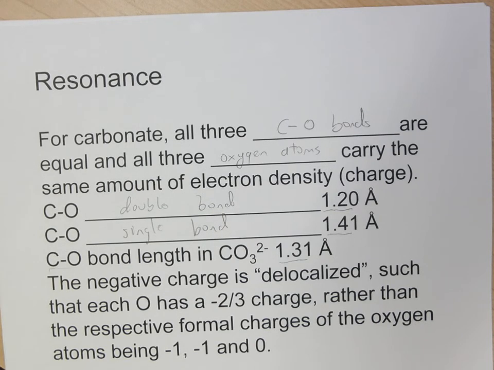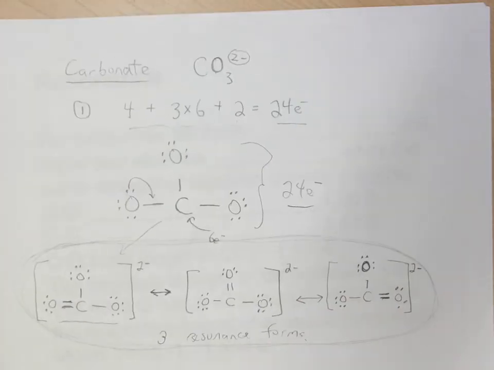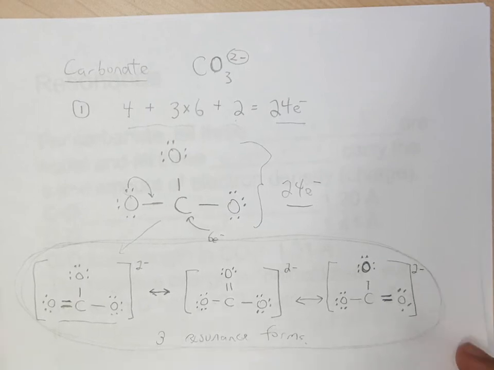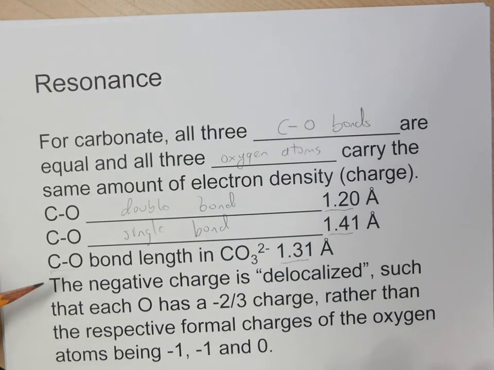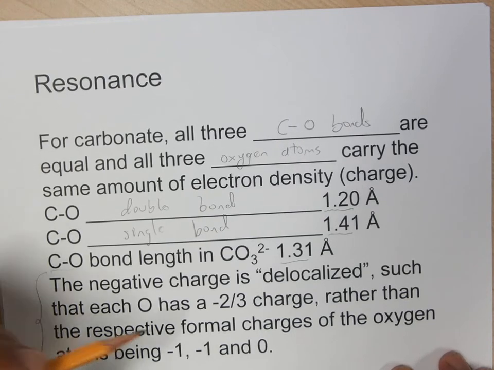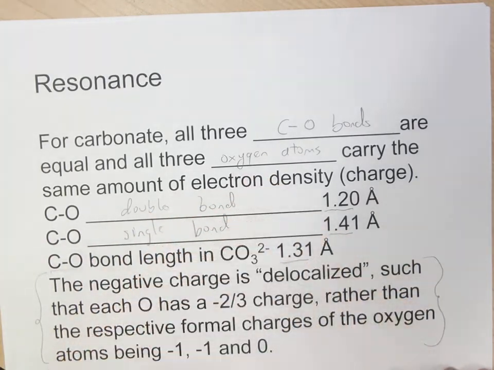So that's something that resonance is trying to explain, that the carbon-oxygen bond lengths are all the same, and the picture we present as far as the bonding in carbonate needs to be consistent with that for the theory to make perfect sense. The other thing we're going to talk about a little more is formal charge, which will be in another video. But the negative charge is also what we call delocalized.